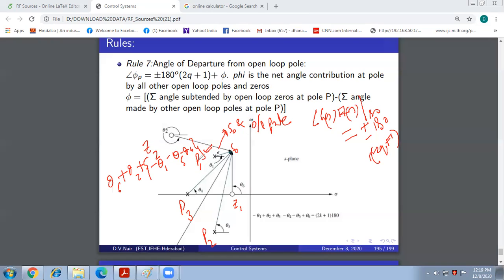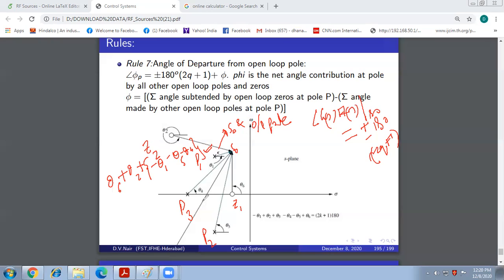In this case, angles theta 2, theta 4, theta 6, theta 5 are the angles made by other open loop poles and zeros at the open loop pole P1 itself, though they are actually angles made at the point S naught of interest, but because of its close proximity, in the immediate neighborhood of the pole P1, we can say these are also the angles made by other open loop poles and zeros at the pole P1.